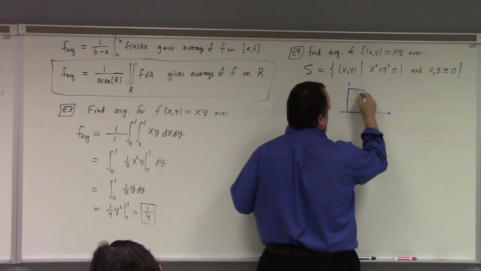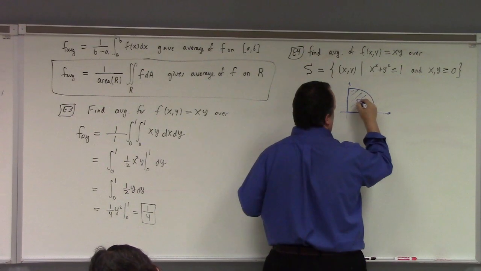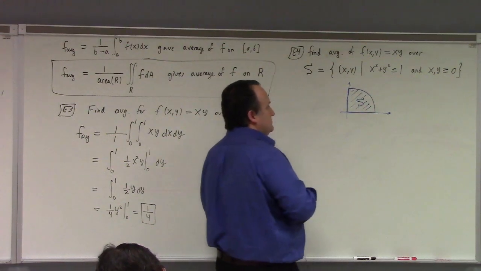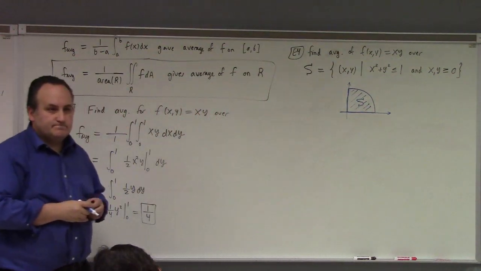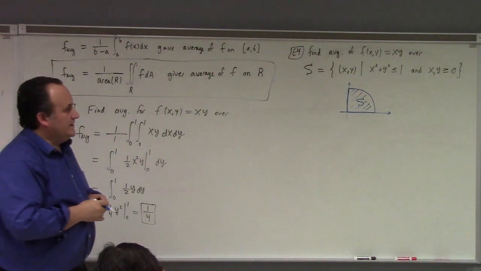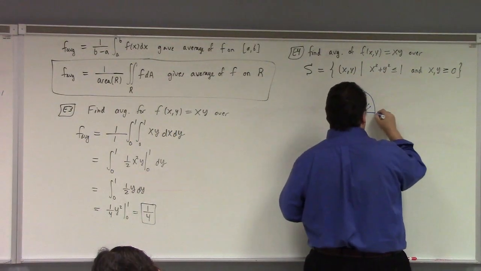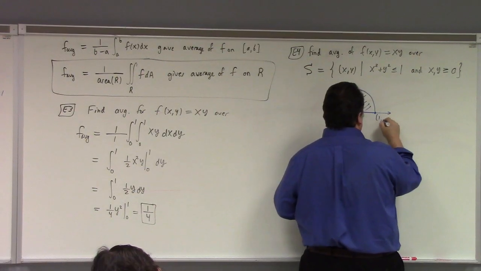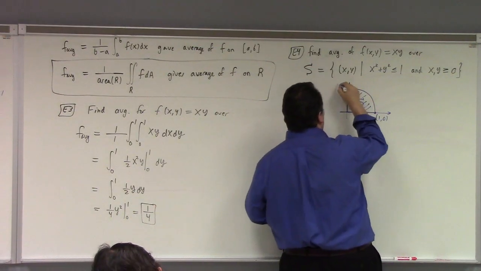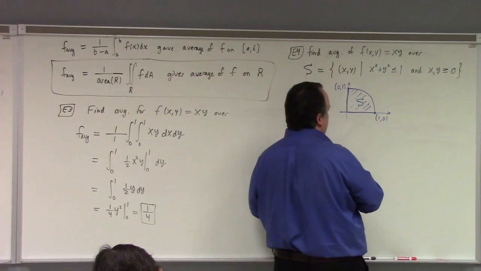So that puts us up in here. This is S. The outer thing is the unit circle. This point is 1, 0. This point up here, 0, 1.